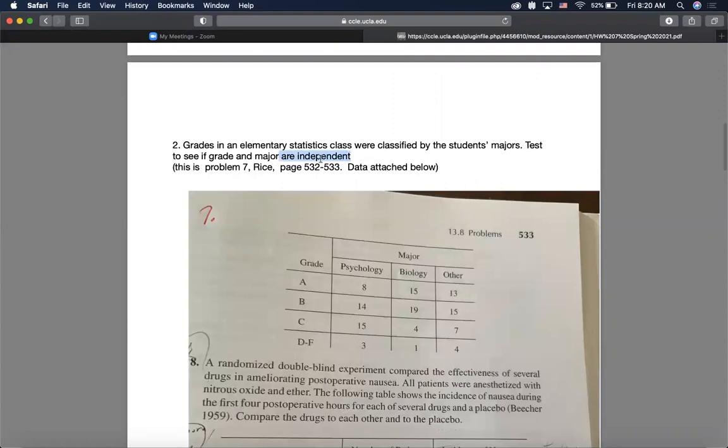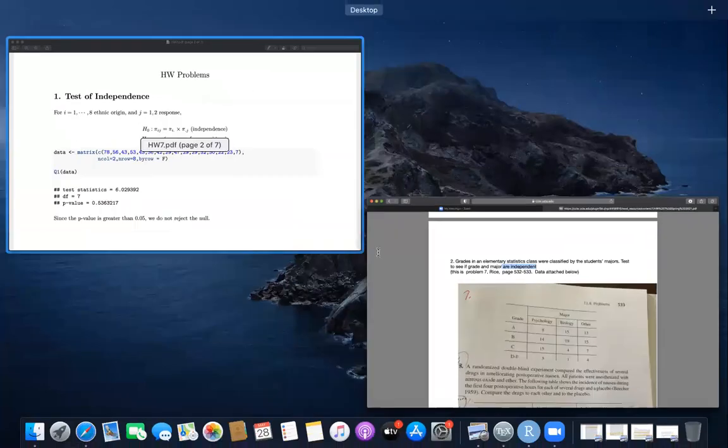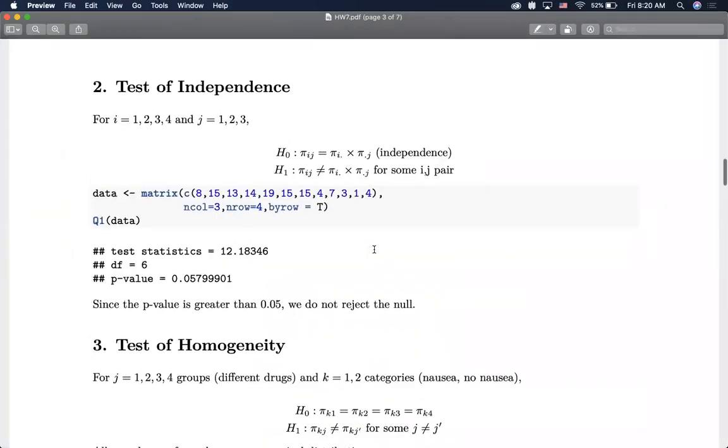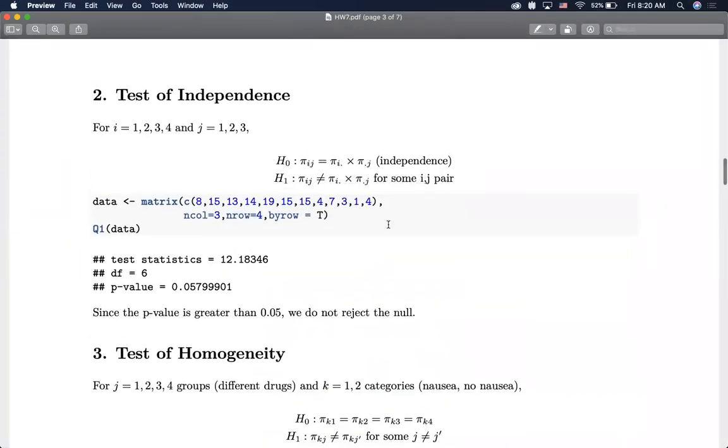Okay, here it says already test of independence. So same thing, set up the null hypothesis. Make sure you give some introduction or explanation about what you meant by your choice of notation.